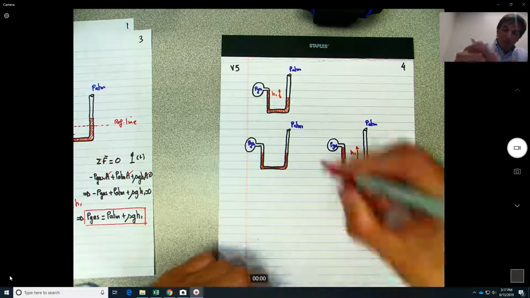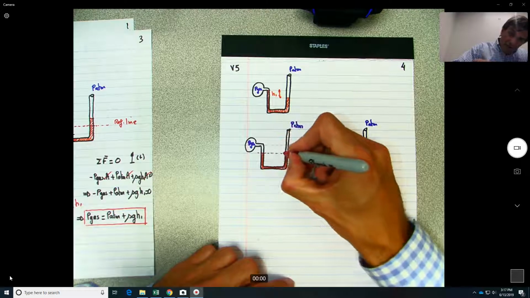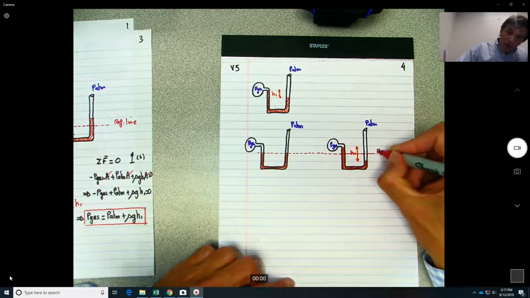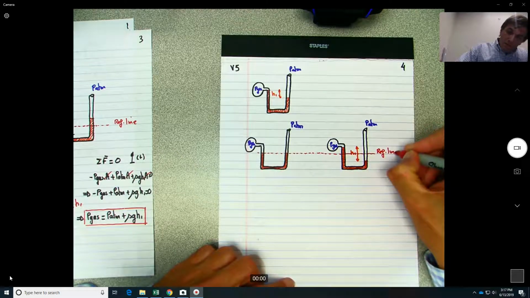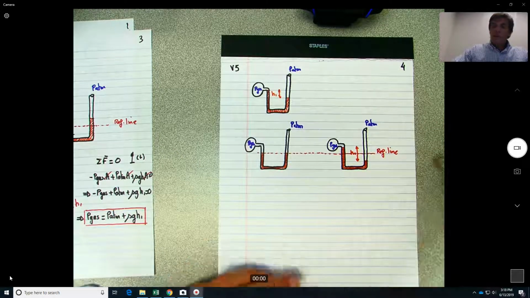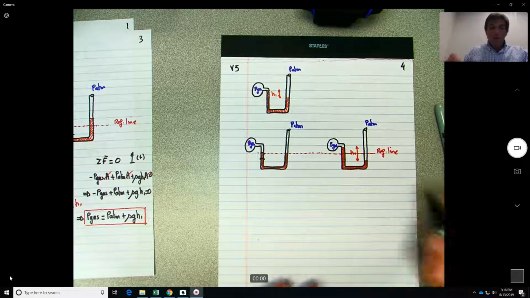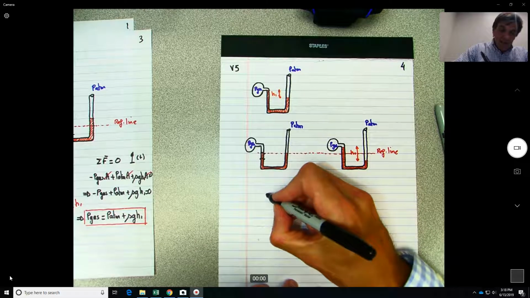And again, our reference line is over here. So like before, let's say our reference element will be this one. So now what happened to our reference element?